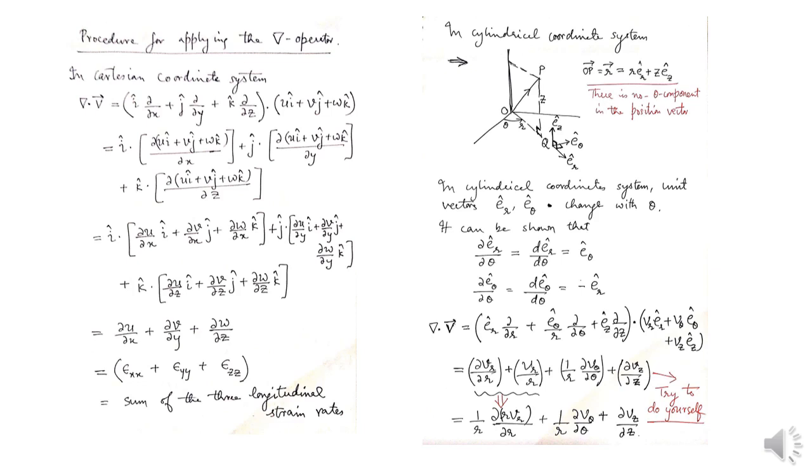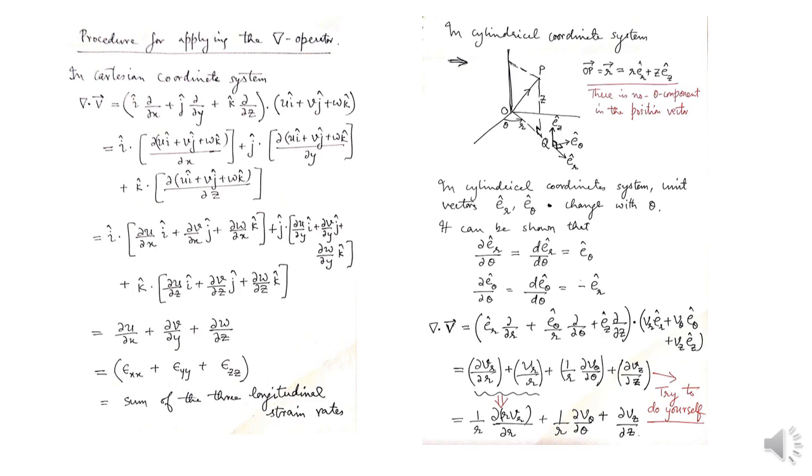Del by del x means how the vector changes if you change x. Del by del y means how the vector changes if you change y, and del by del z similarly how the vector changes with z, locally at a certain point. So since we know that i cap, j cap, k cap don't change with x or y or z, in the calculus operation they are just taken out. They are not involved in any kind of derivative or differentiation operation.